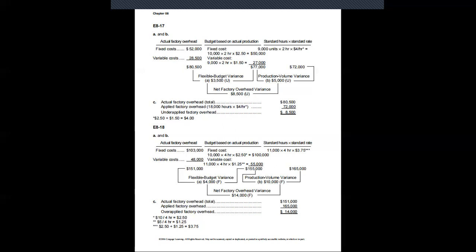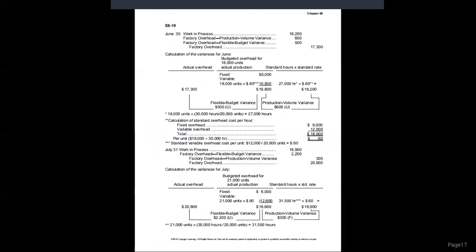Now for E17 and 18. Then we go to E8 19. E8 19 here for the requirements. What are the requirements of E8 19?